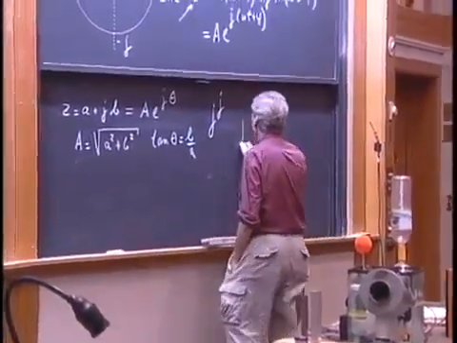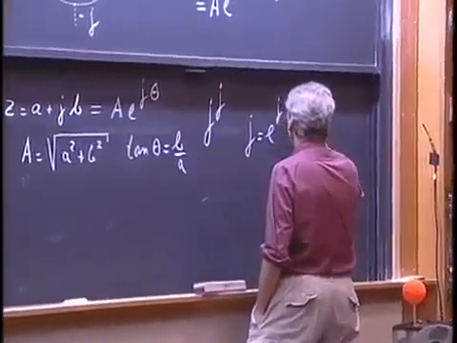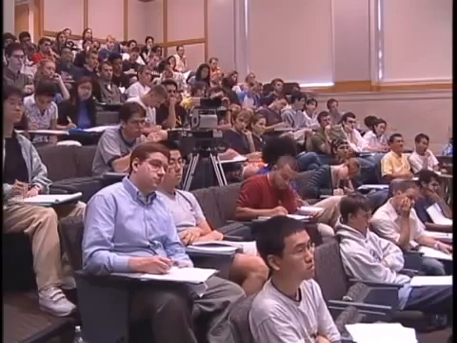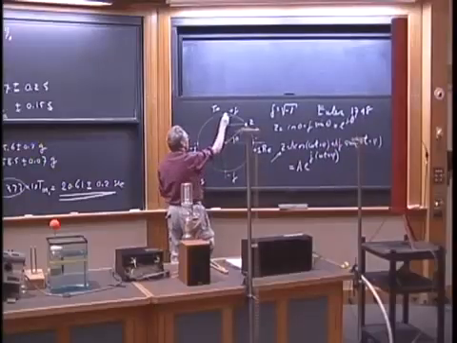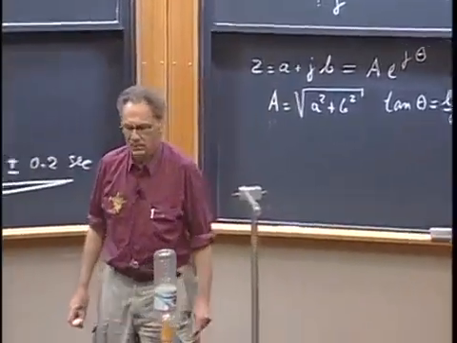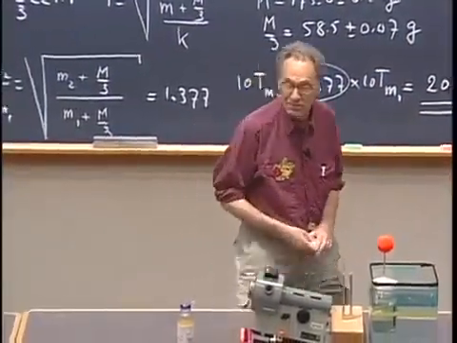I can also write j as e to the power j times pi over 2. Do you agree? Because it simply means that the angle theta is pi over 2. It's here, so I end up here. But that's j. I'm not saying it is a very nice way of expressing j, but it is j.